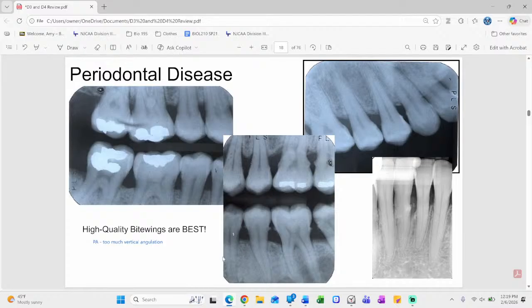Remember, you can always turn your sensor vertical and get more of what's on each side of it. So you get down that root a little bit further. And remember that periapical technique using the vertical holder.